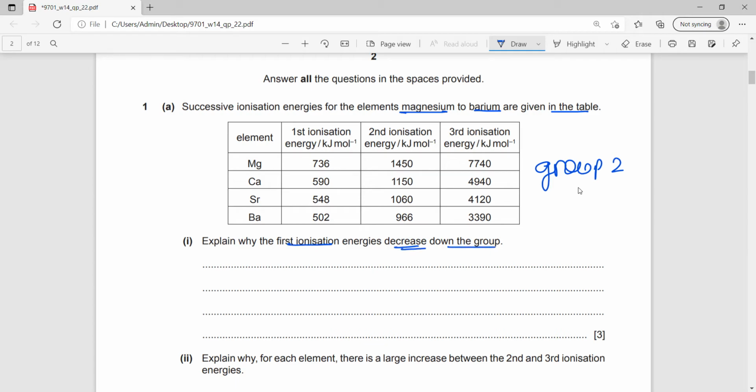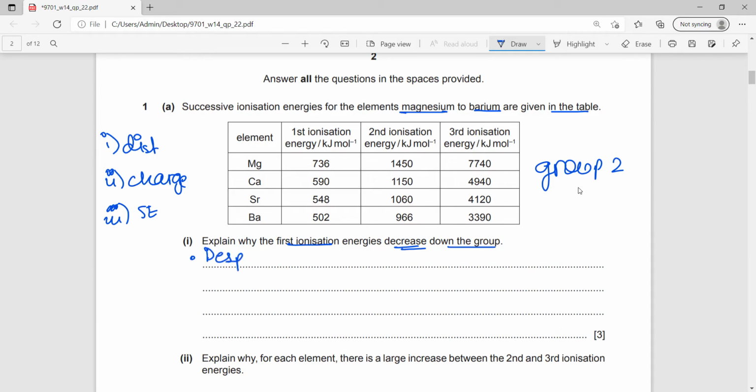So when you're talking about ionization energies and trends, you should refer to three things. The first is distance, the second is charge, and the third is shielding effect and its overall impact on the nuclear attraction. So down the group, what happens?